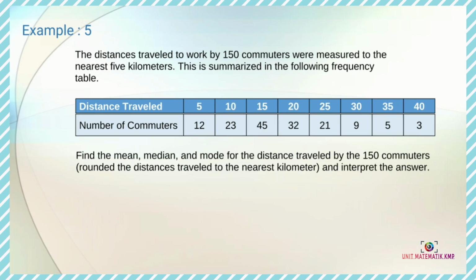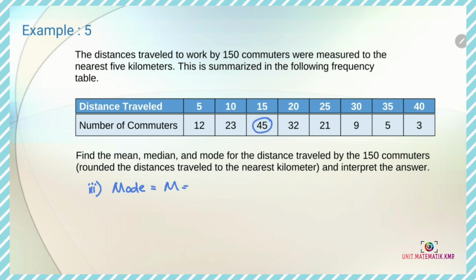The last one is you are going to find the mode. Mode here, we have to find the highest value of frequency, here is 45.